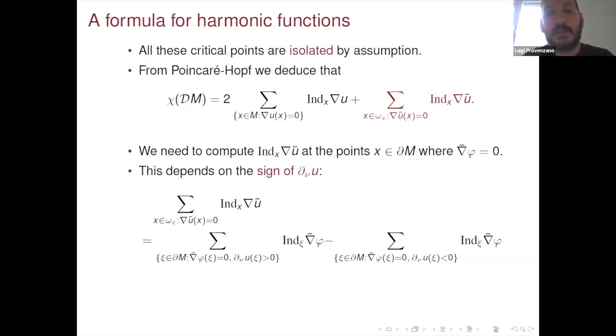This is quite easy to do because in the normal direction, the function U tilde is degenerate and the second normal derivative has exactly the sign of the normal derivative of U. Okay, I don't enter into this detail, but just look at the last line.